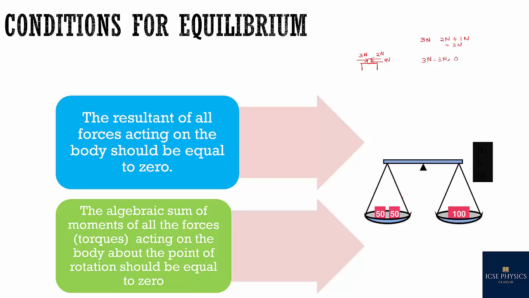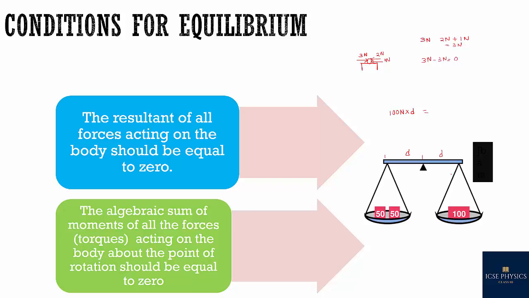Here the weight is 100 and the distance, suppose, is d. This much distance is d. Here the distance is again d. Now let's calculate the moment. What we have studied: anti-clockwise moment is equal to clockwise moment. So this one is anti-clockwise. Suppose the weight is 50 plus 50, 100 Newton into d, right? The distance.